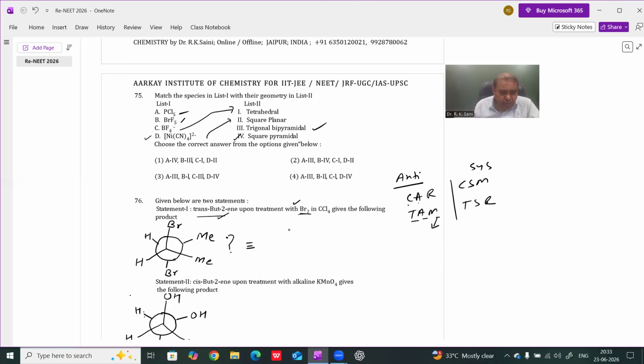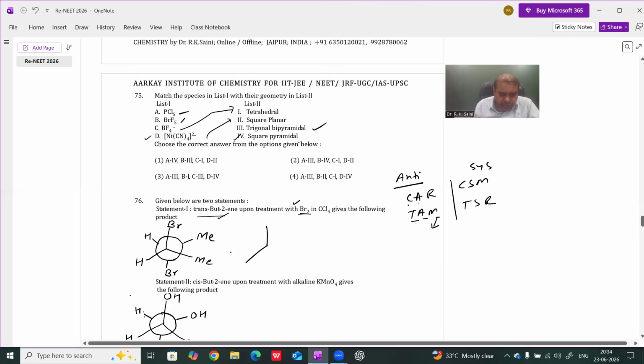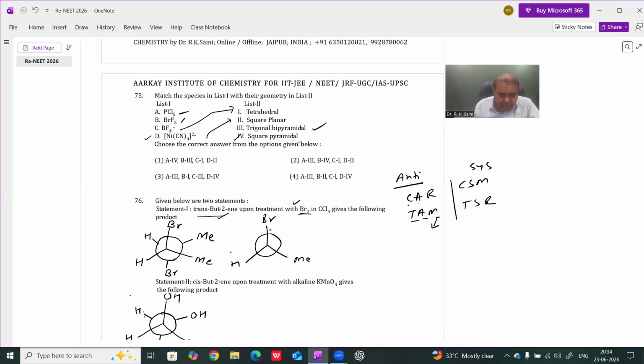Now we make the 2D Fischer projection formula from the Newman structure. The Newman structure gives the Fischer projection formula through its eclipsed form. In the eclipsed form, the groups of one carbon remain constant and the other rotates, by which they change into eclipsed H, Me and Br.